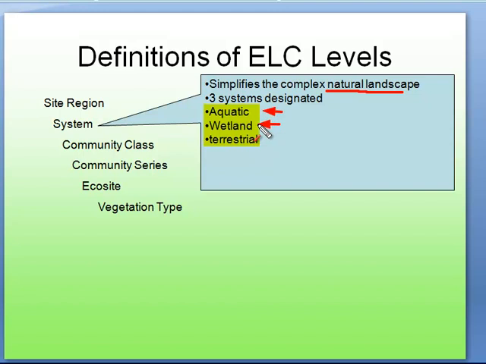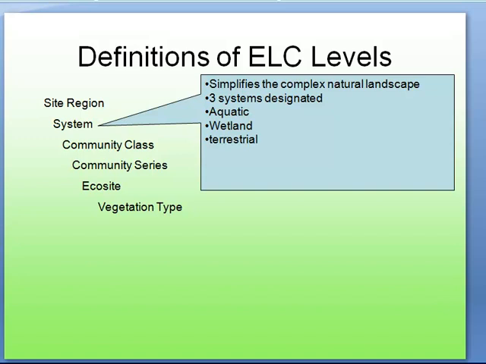Is it a cedar swamp versus a black spruce peat bog? Or what we love near and dear to us, is it a deciduous forest? Is it a red pine plantation? So the 3 systems that we look at are aquatic, wetland, and terrestrial. But since we are the forestry types, we mostly focus on the terrestrial system.